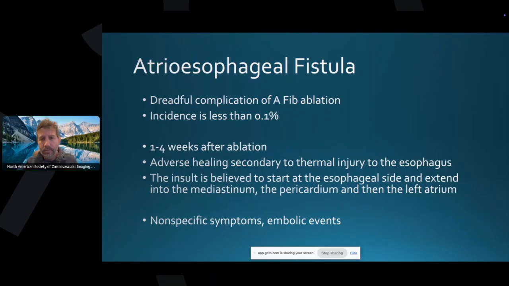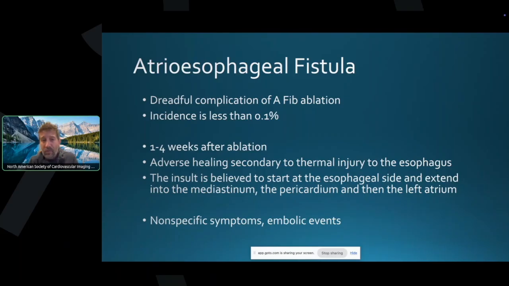The injury starts in the esophagus, secondary to a thermal injury of the esophagus, and makes its way back into the atrium. It extends into the mediastinum, the pericardium, and then finally the left atrium.